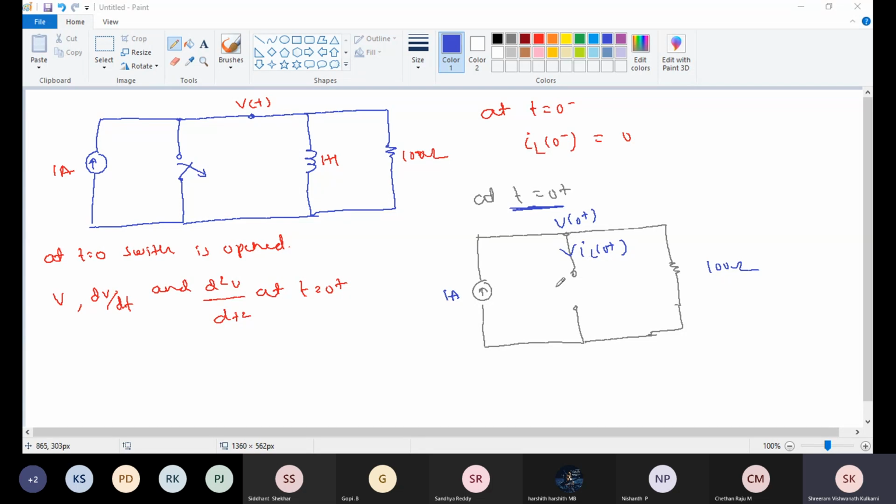Now I(0 plus) is equal to 0. V(0 plus) is equal to, tell me the voltage, this voltage. It's simple Ohm's law.